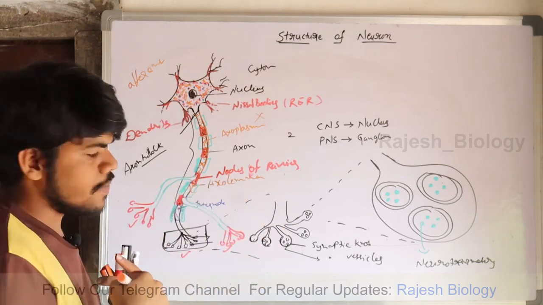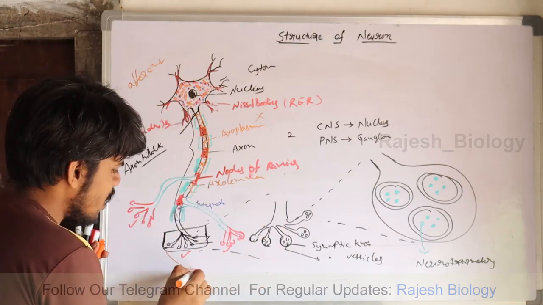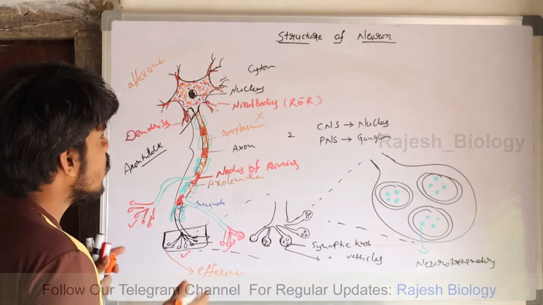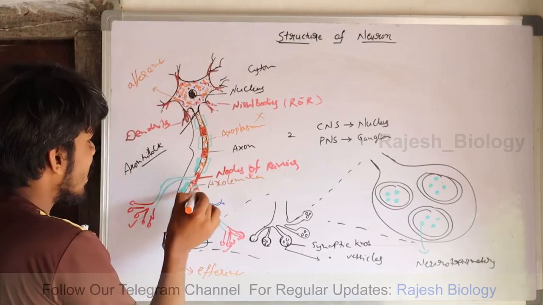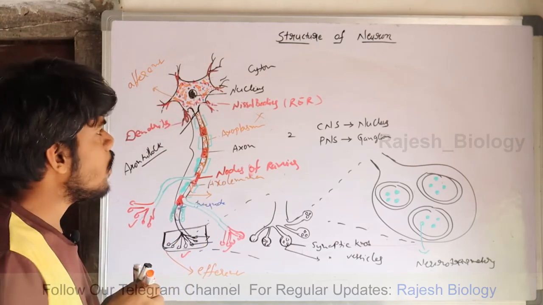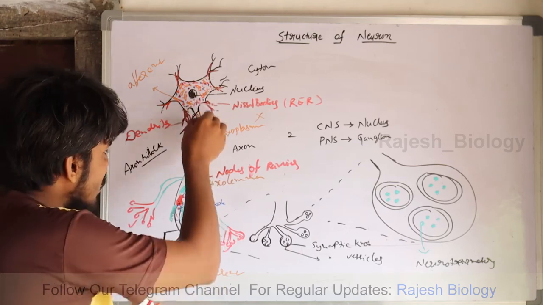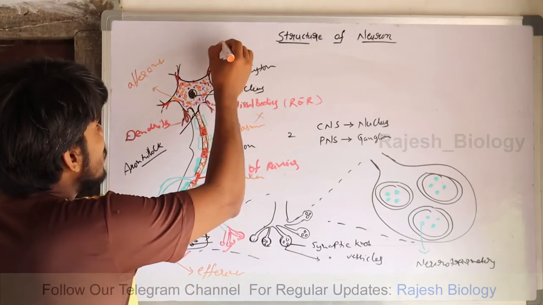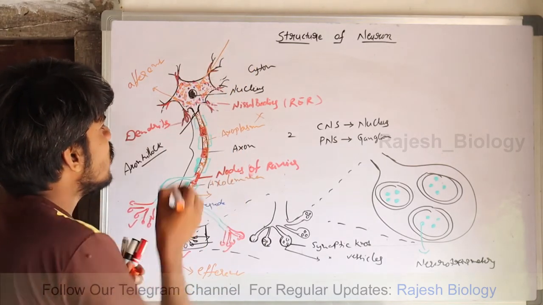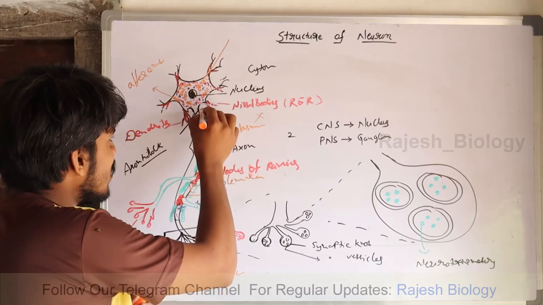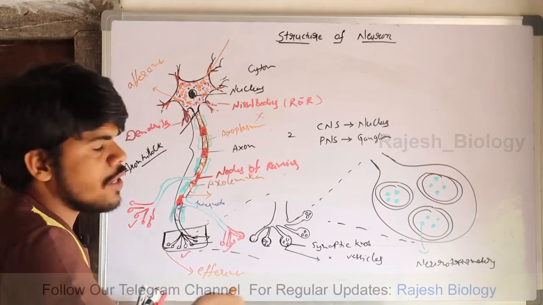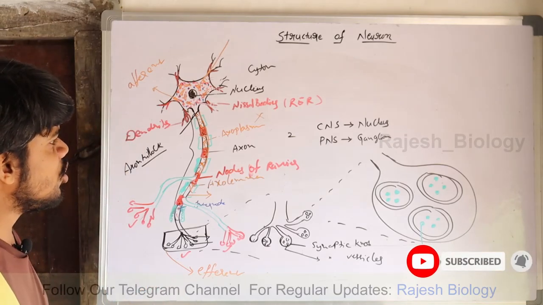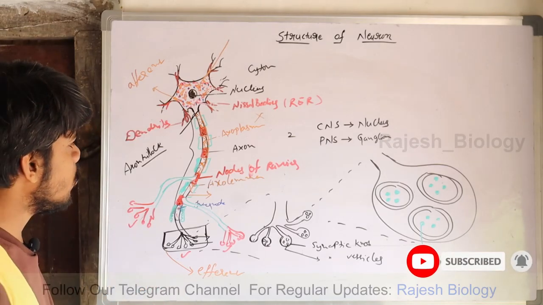Afferent means receiving, and efferent means sending. So the cyton is afferent, the axon is efferent. The axon helps in the conducting of impulses. So the dendrites receive impulses towards the cyton, and the axon transmits impulses away from the cyton. Clear? So this is about the multipolar neuron structure because it has so many poles.